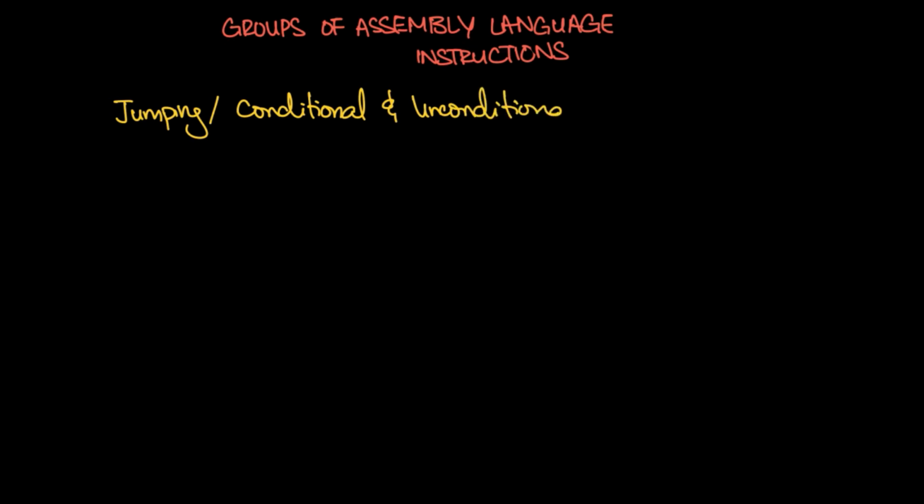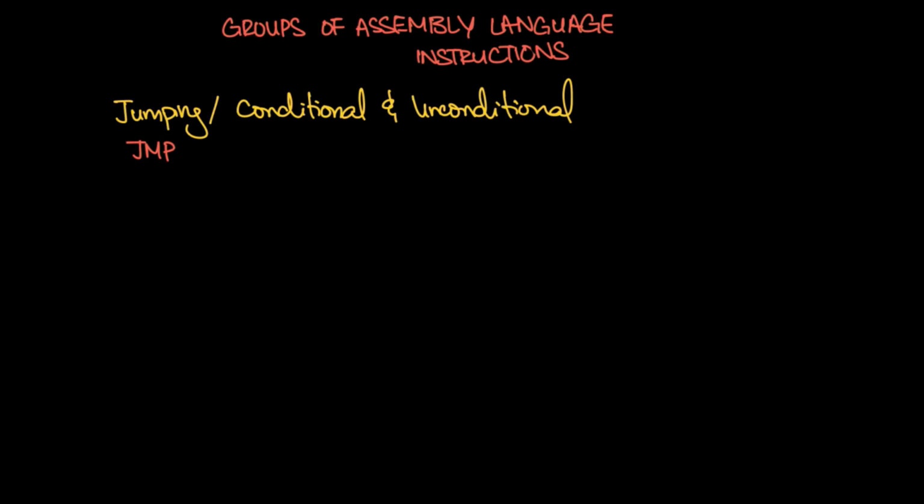So after arithmetic, the next group is unconditional and conditional instructions. Although these are based on conditions, most of these commands are simply jumping from one place in the program, in the memory location, to another memory location. We can call these jumping instructions, or conditional and unconditional instructions. An example of a command in this group is JMP, and this is an unconditional jump.